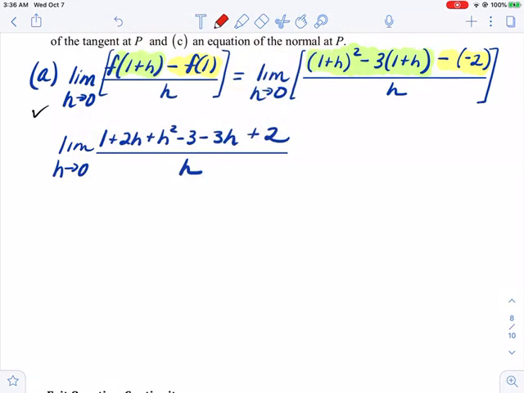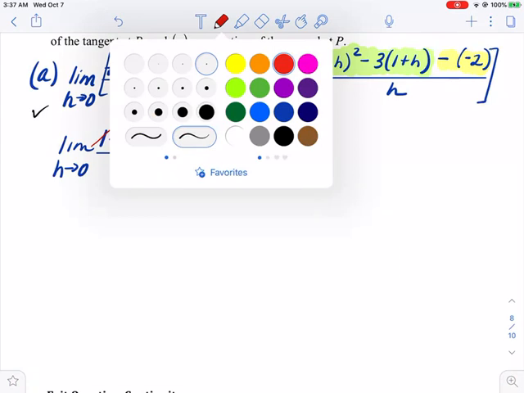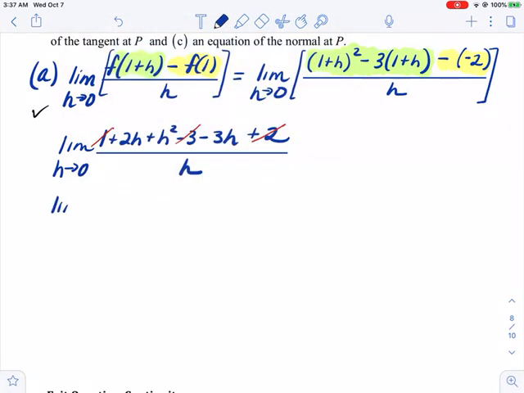I've got these 1 minus 3 plus 2, so these cancel each other. And then we have a couple of h terms that we can combine, so we get the limit as h approaches 0 of h squared minus h over h.